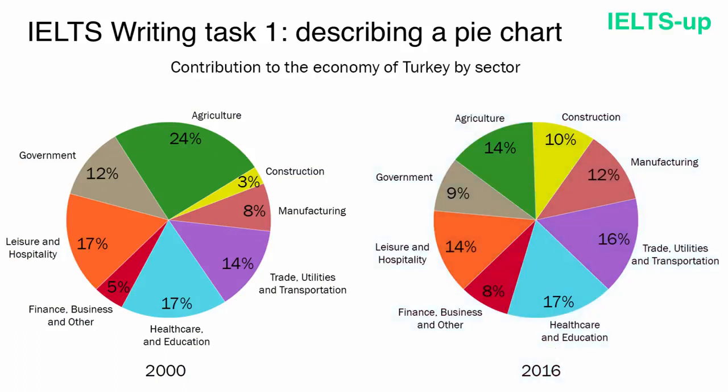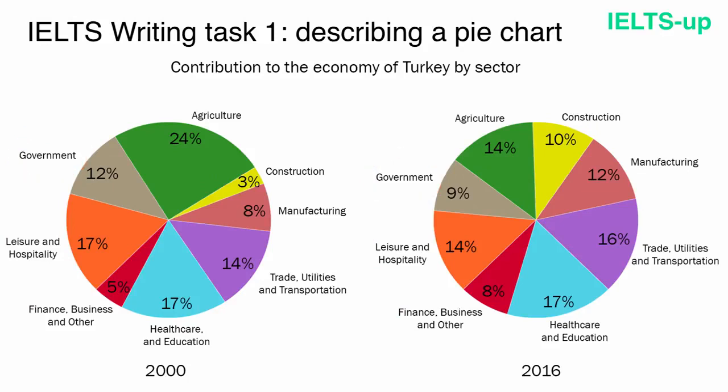Each of these two pie charts shows many economic sectors, namely agriculture, construction, manufacturing, trade, utilities and transportation, healthcare and education, finance, business and other services, leisure and hospitality, government. So, these are our pie charts.